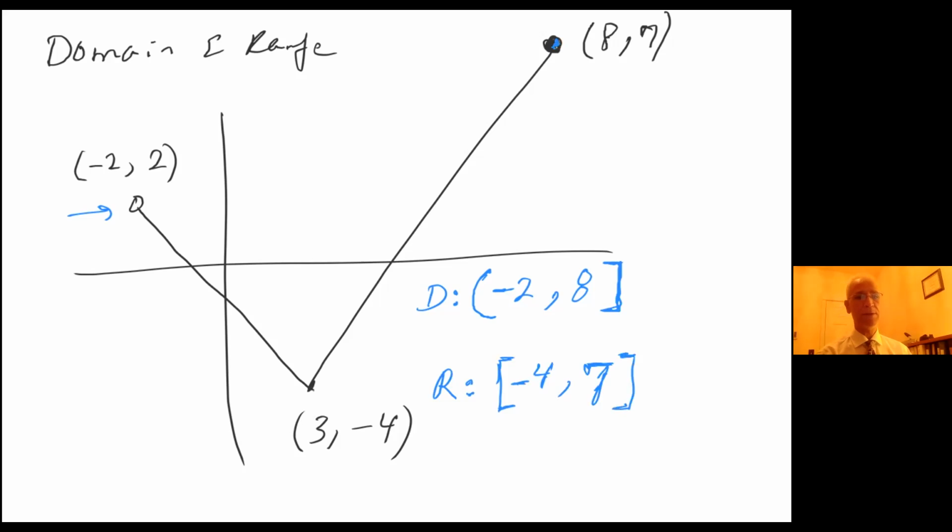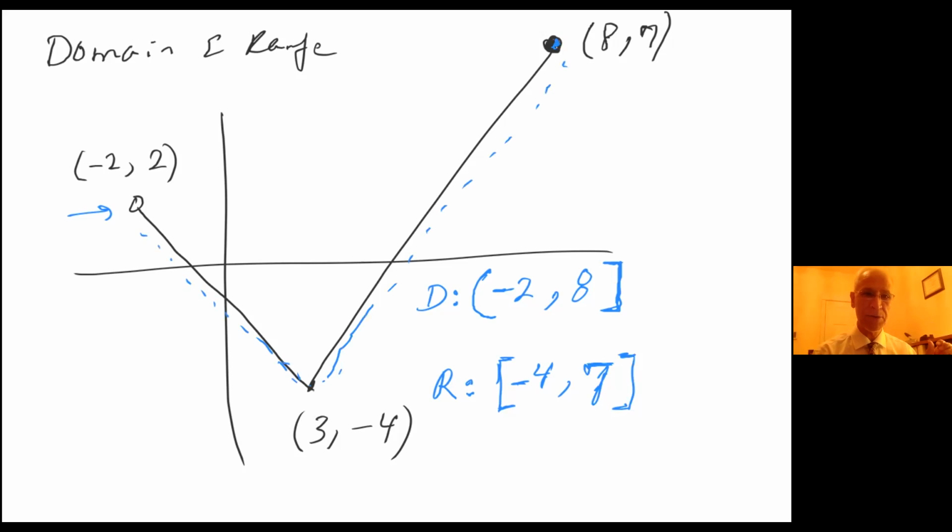Okay. So once again, for the domain, you look from left to right. Start with your smaller number and go all the way to the highest number you can go. For the range, look from below, the smaller number, negative numbers usually, and go all the way as far as you can go. So if there's a particle moving along this graph, this particle can go to -2.